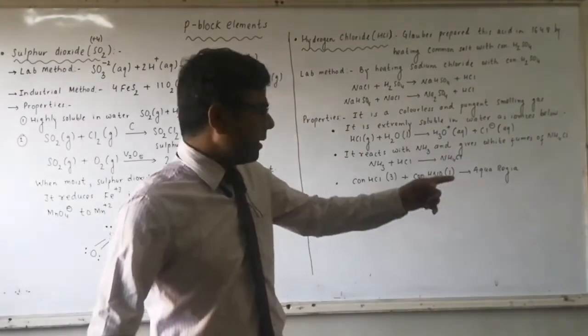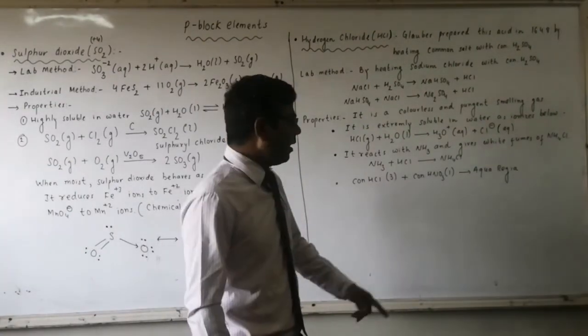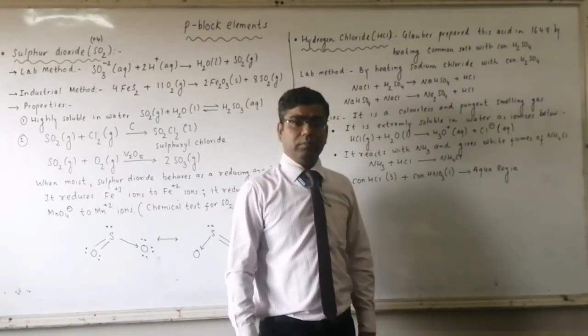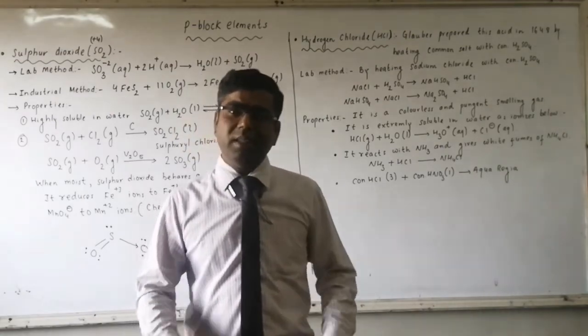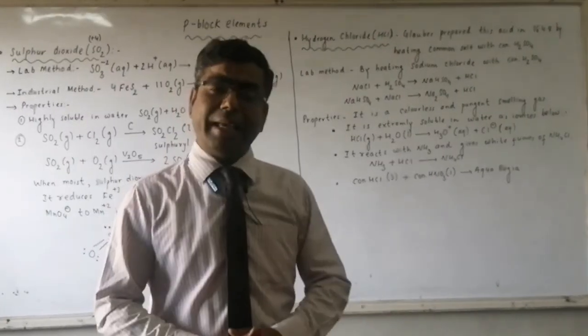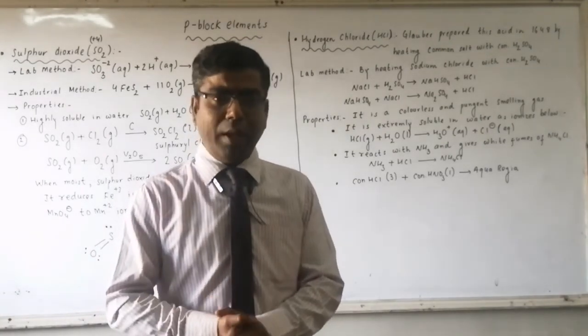But aqua regia, where 3 parts of concentrated HCl and 1 part of concentrated HNO3 are there, can dissolve these noble metals, because these noble metals can form salts with this mixture. That's why these noble metals are soluble in aqua regia.